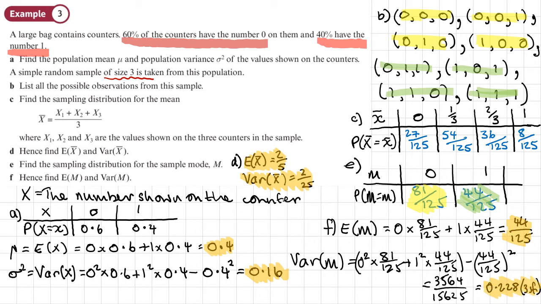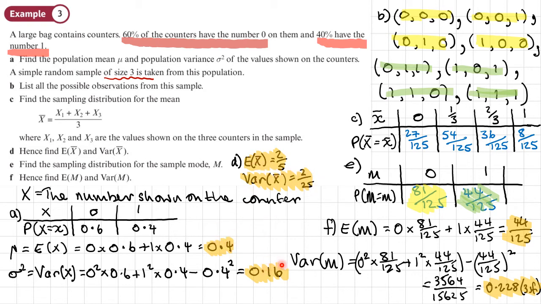Now, before we move on to the next example, it might be worth looking at what we calculated for the population mean and variance and what we got for the mean and variance using the sample mean and the sample mode. Well, actually, using the sample mean, we got the same values. 2 over 25 is 0.16.